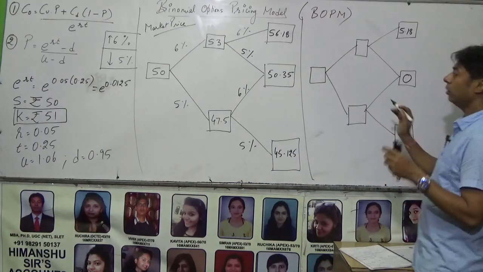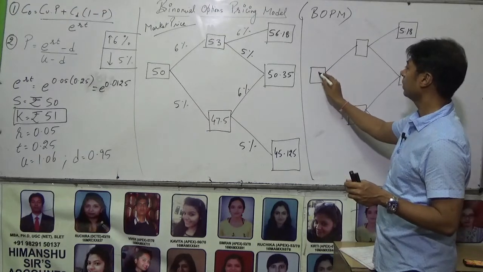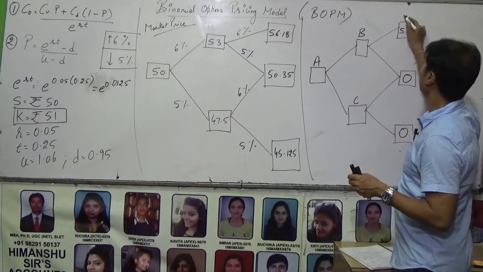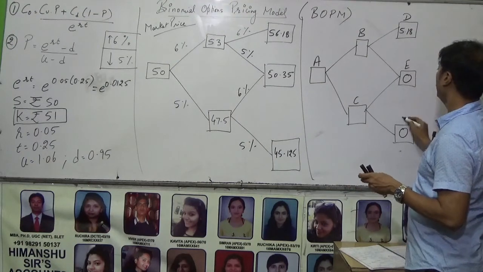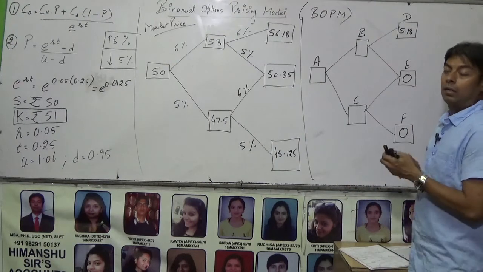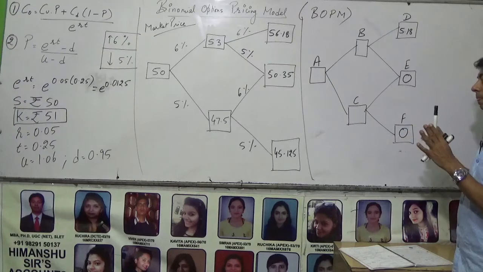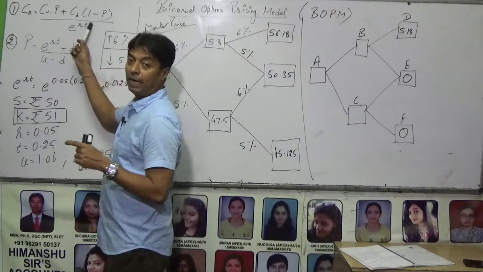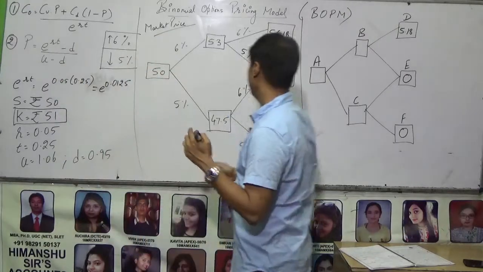Now we have got 5 situations: situation A, B, C, D, E and F. Now we have to apply the formula for call option and find out the value at every stage.